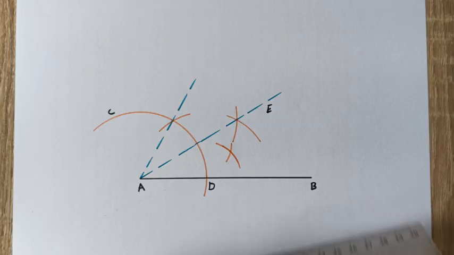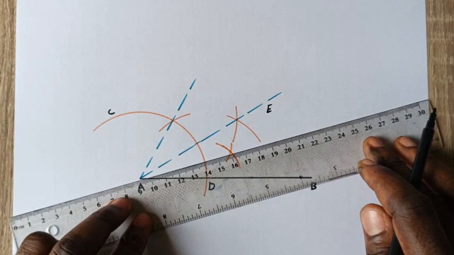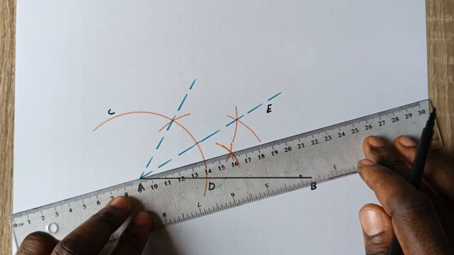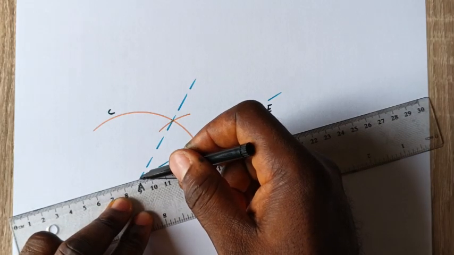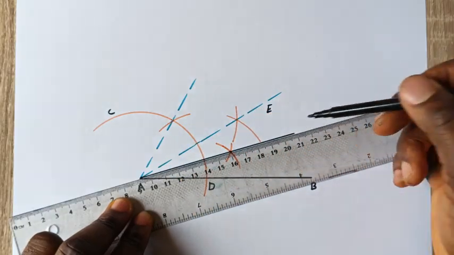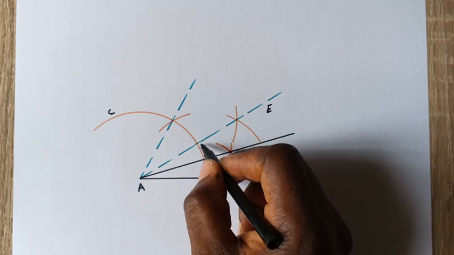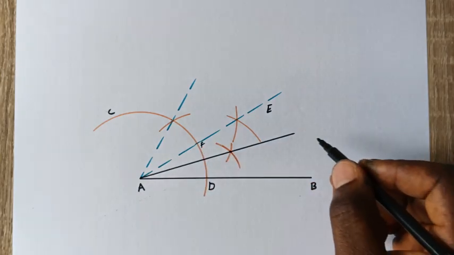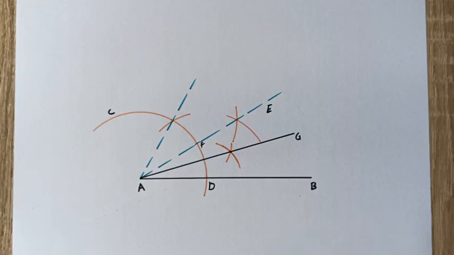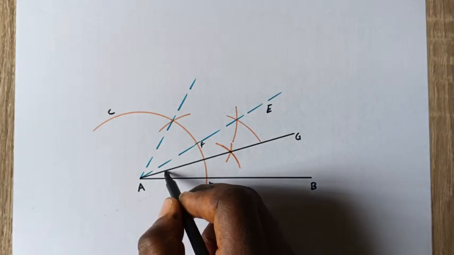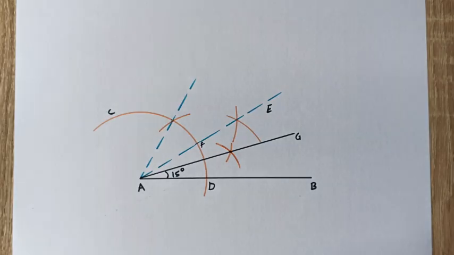So you now draw a straight line from here to the origin. So let's call this point F, and here we have G. So the angle from this point is our 15 degrees angle.